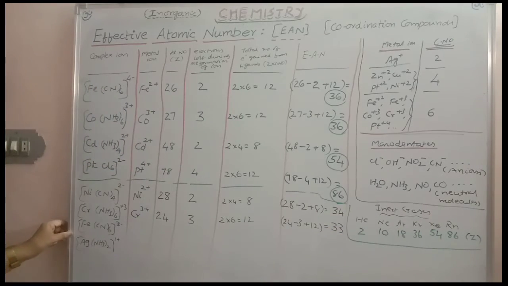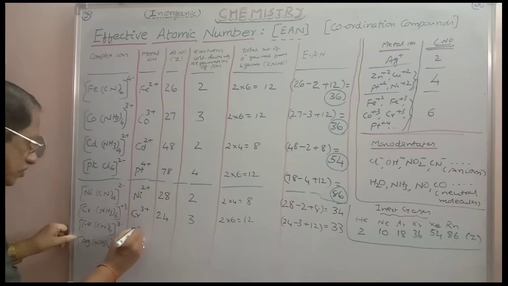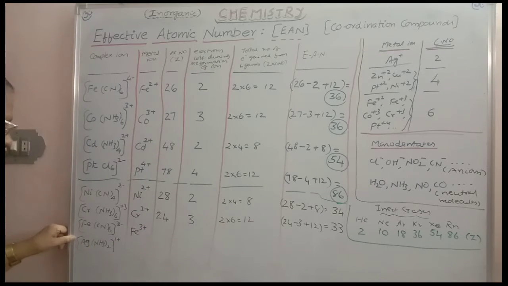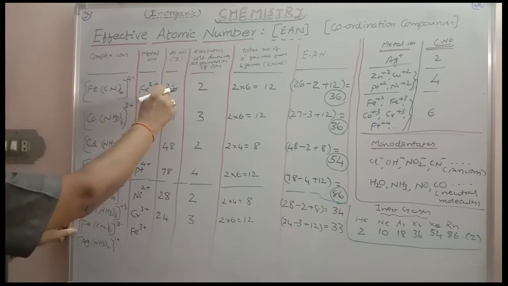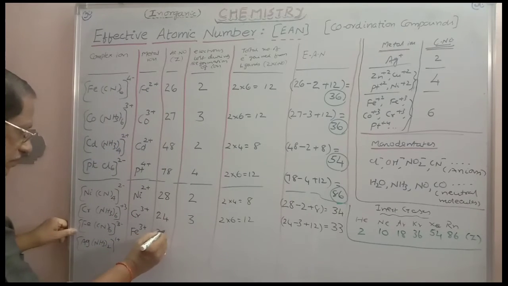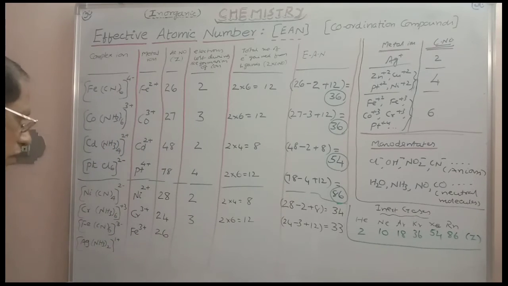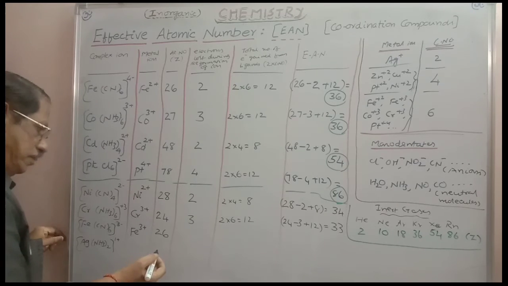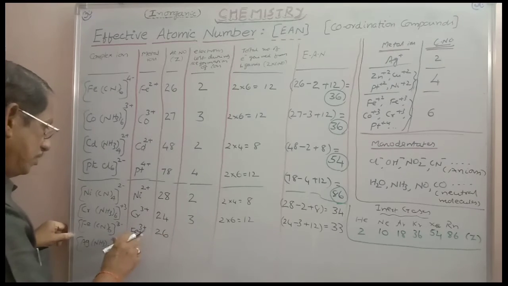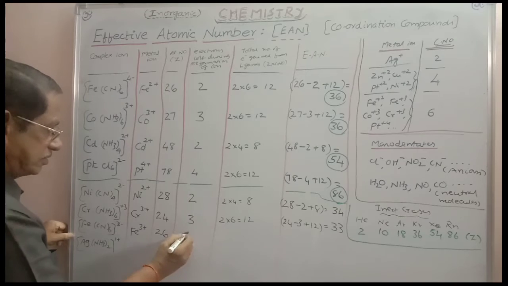Similarly, you can take Fe(CN)6 3 minus. x minus 6 is equal to minus 3. x is equal to plus 3. And so here, the oxidation number of iron in this case is equal to 3 plus. Iron, already you know the Z, that is 26. And how many electrons are lost during the formation of the ion? 3 electrons are lost.